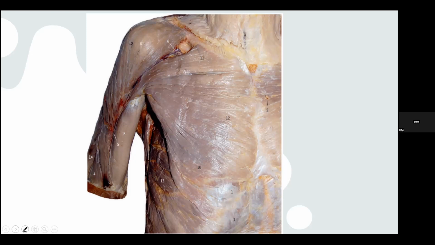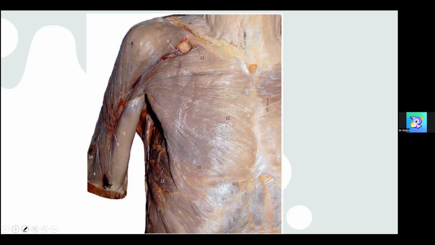The deltoid has three origins. What is this bone, just above the rib? This is the collar bone, right? Can you see, guys? Just answer with me.